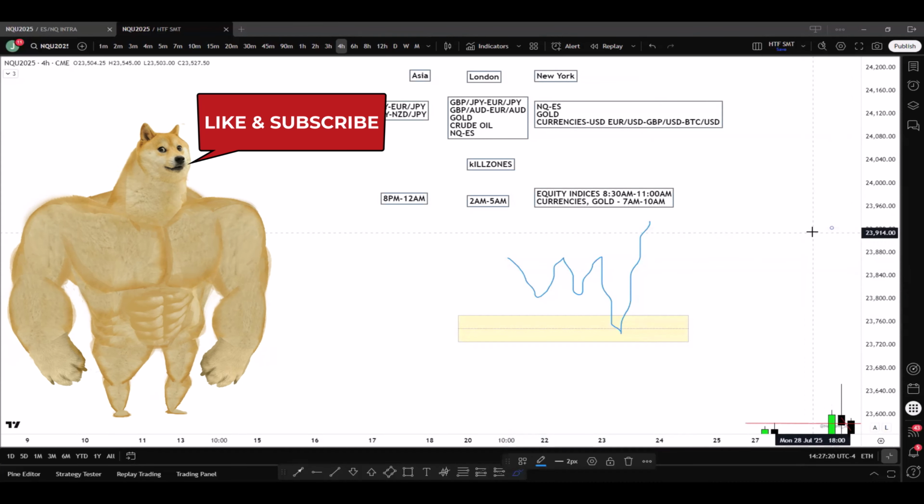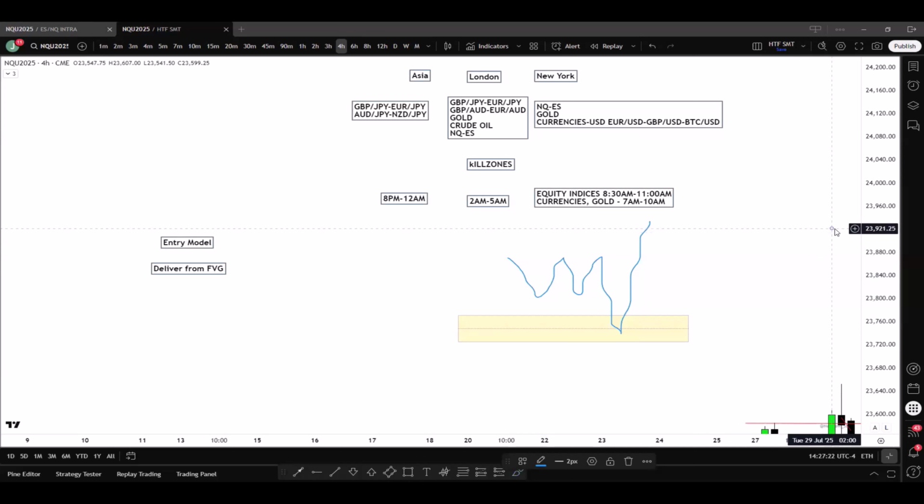Okay. Now, once we deliver from that fair value gap, we have to take some type of internal liquidity.